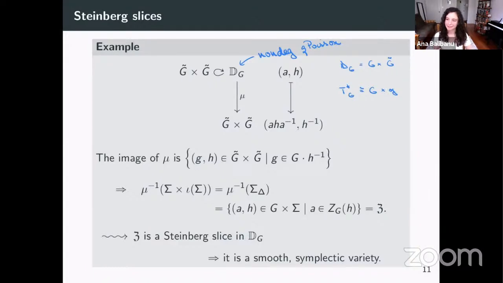Either as an action groupoid integrating the action Lie algebroid T star G, or as a group scheme integrating the bundle of Lie algebras T star G. And for the rest of the talk, it will be the second perspective.